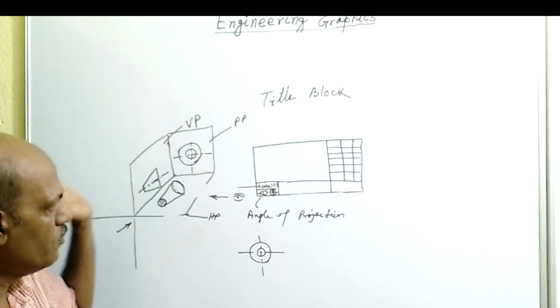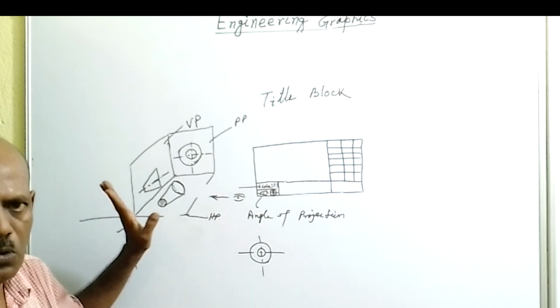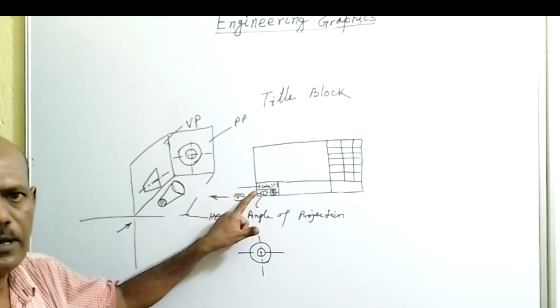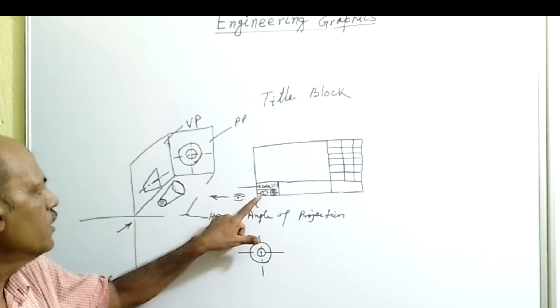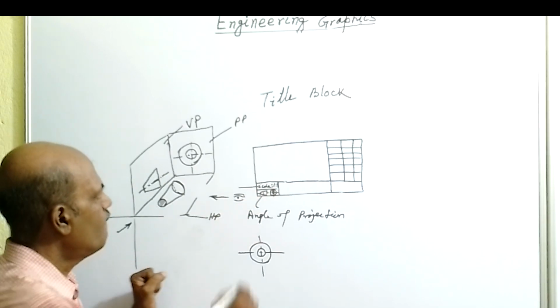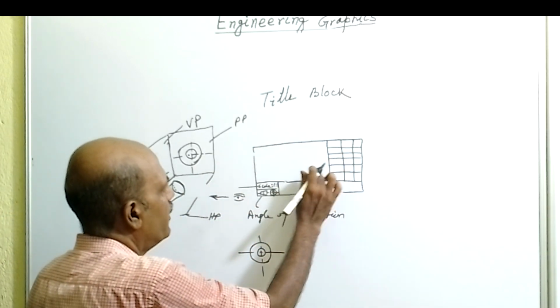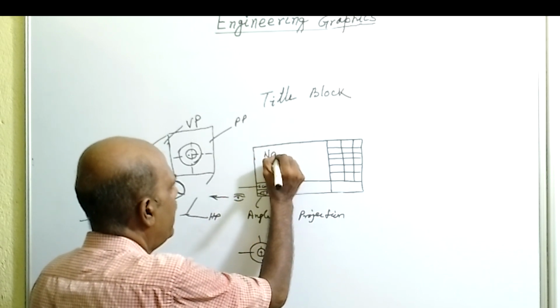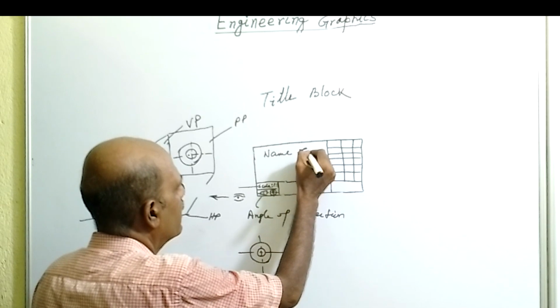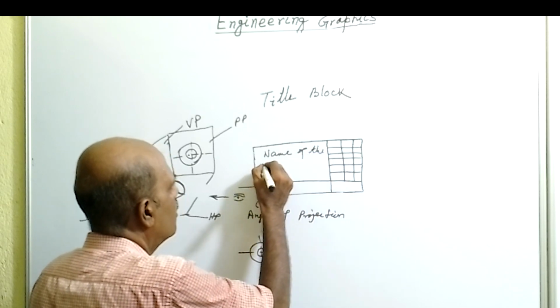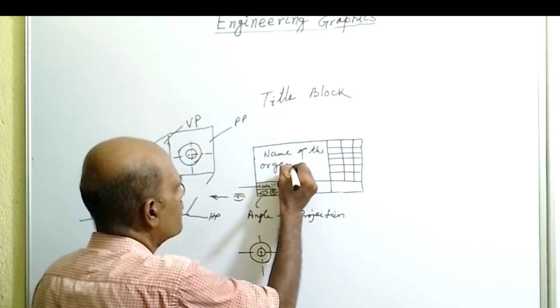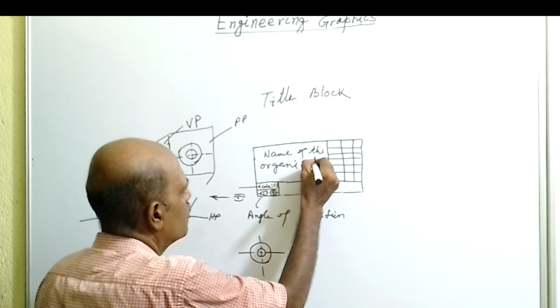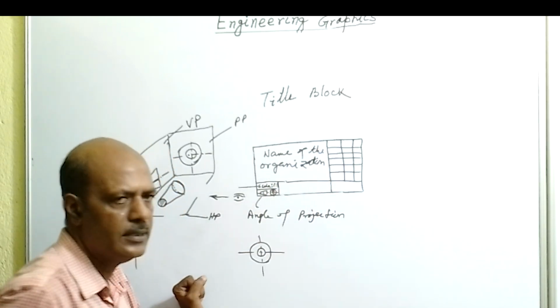In third angle projection I will discuss later. The information of angle of projection will be available in this box, and in this space the name of the organization will be written.